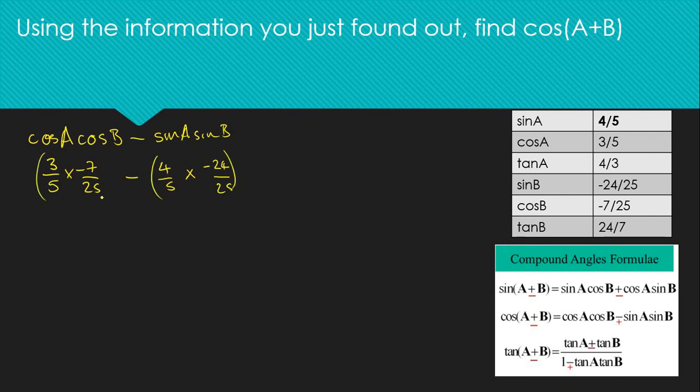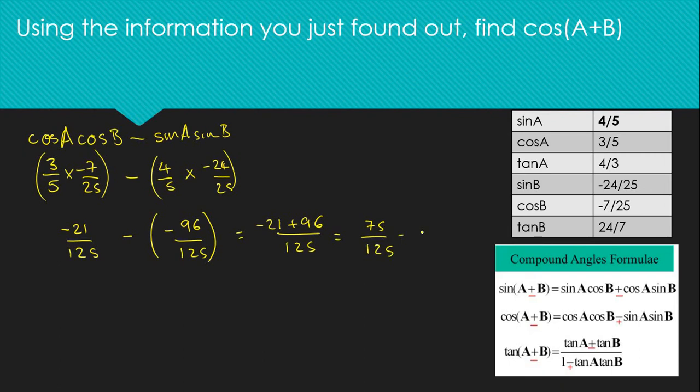Okay, so that's going to be negative 21 over 125 minus, now 4 times 24 is 96 over 125, and we're going to end up with negative 21 plus 96 over 125, which actually ends up being equal to 75 over 125, which can be simplified to 3/5 if you wanted to.